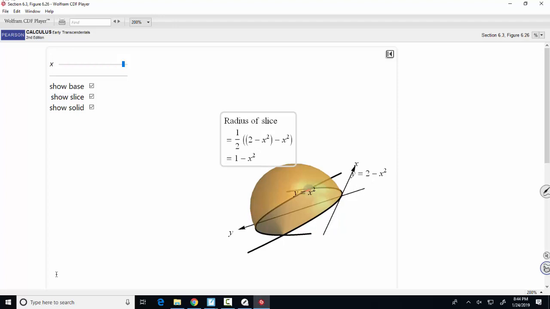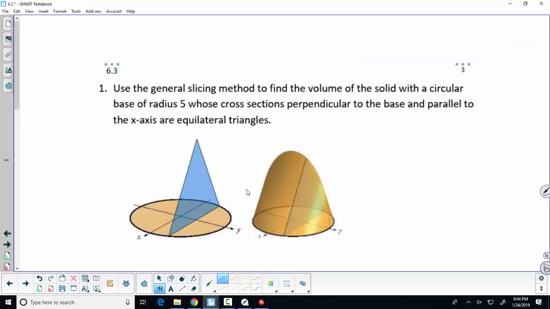But the way we want to think about it is in the XY sense only. The boundary curve is a circle, so we want to think about it this way, and then the apex of the triangle is coming out at us. We can't see it because we're looking down on it. Does that make sense? So just take this figure and rotate it where this point is facing you.